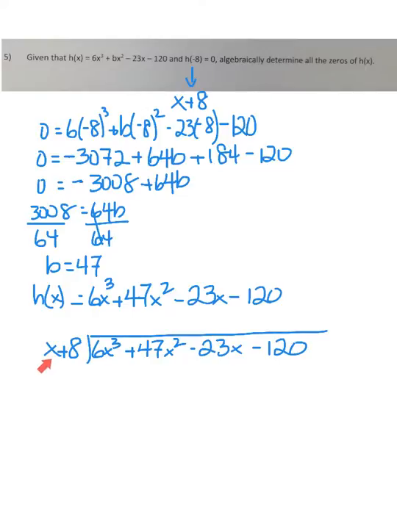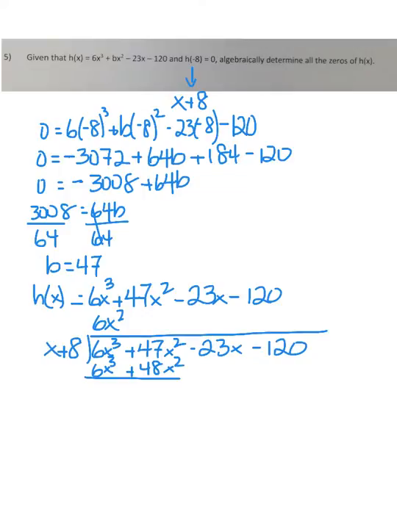So I'm going to take x, and I'm going to ask, what do I multiply it by to get to 6x cubed? So that's going to be 6x squared, which is going to give me 6x cubed. And then let's distribute that in, and that's going to be plus 48x squared.